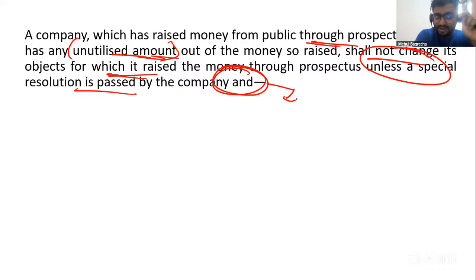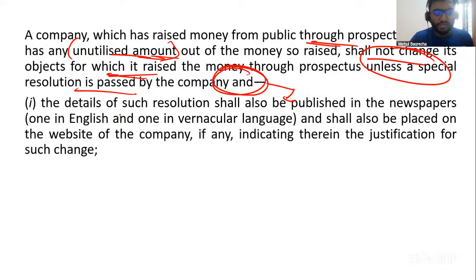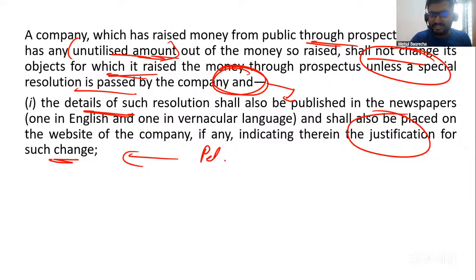And additionally, there is one more point. You have to put it in the newspaper justifying why you want to change the purpose for which you have raised the money. I had raised it for petrol. Now suddenly, why do I want to get into sari business? I have to justify that in a newspaper. Which newspaper? One in English and one in vernacular language. What is vernacular?